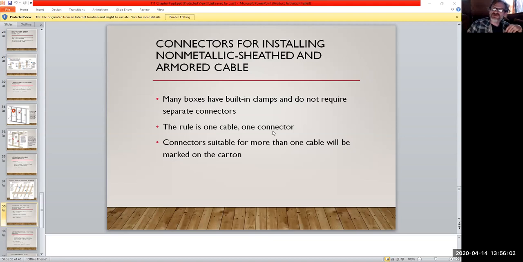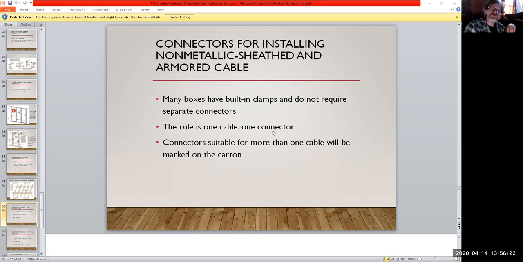But they'll tell you, typically, you have one connector, one cable. If you have two cables in one connector and you're trying to clamp down, it will not pass the tug test because you won't have enough tension on both sides of that cabling.